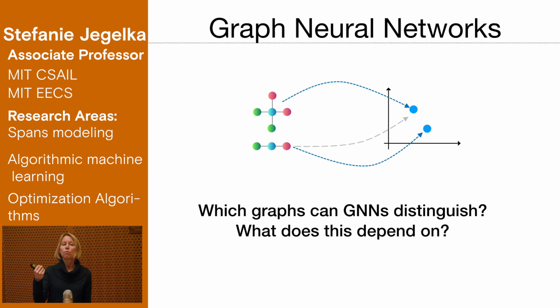If I predict for one molecule that it's toxic, I necessarily have to say that the other one is toxic too, and maybe that's not true. So what we really want is something that can discriminate between different input graphs. The fundamental question is, if I give you two different graphs, can you distinguish them or not? And when can you and when not?